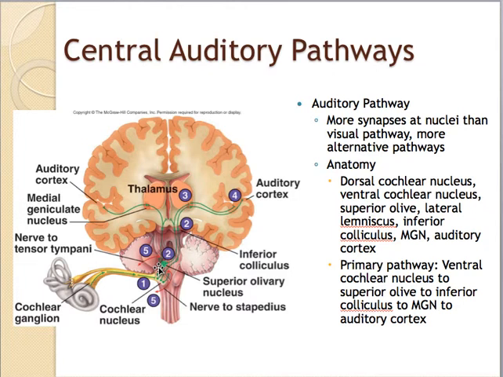Then from there they're going to give rise to the lateral lemniscus, which is going to project initially to the inferior colliculus, shown here. Then from the inferior colliculus it's going to project to the medial geniculate, abbreviated MGN, right here, and then from the medial geniculate it's going to project into the auditory cortex.